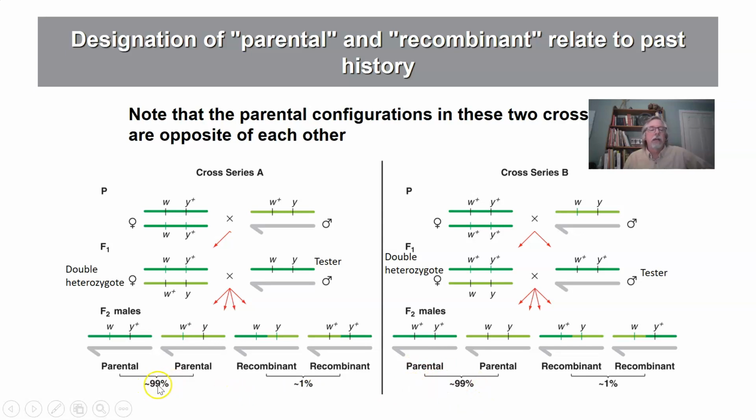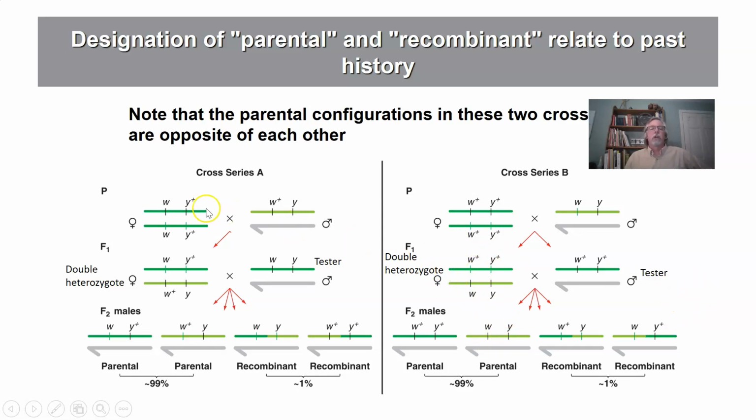Parental types, 99%, both of these. Recombinants, 1%. We can determine a recombinant frequency. We would conclude that these two genes are linked with a recombinant frequency of 1%. However, the recombinants here are having alleles in trans. That's because the double heterozygote had alleles in cis. And the parental types have alleles in cis, just like the double heterozygote female.